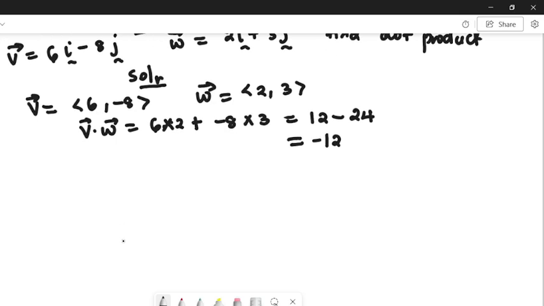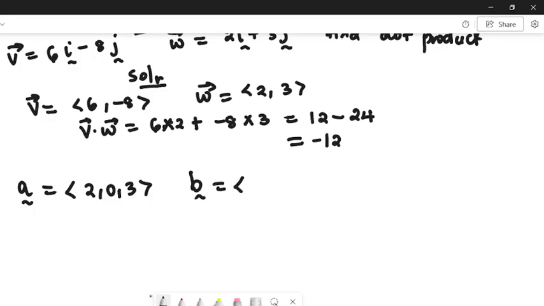Another example, you're given A. Here A is a vector in 3 dimensions. We have 2, 0, 3. We have vector B, which is 3, 4, 2.